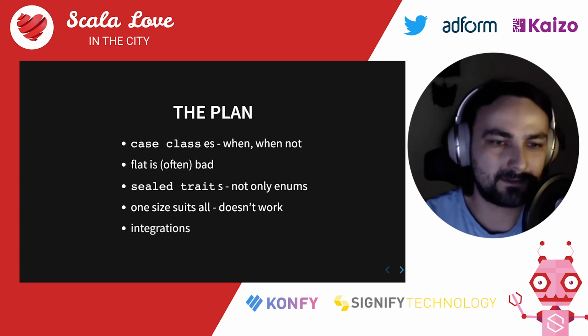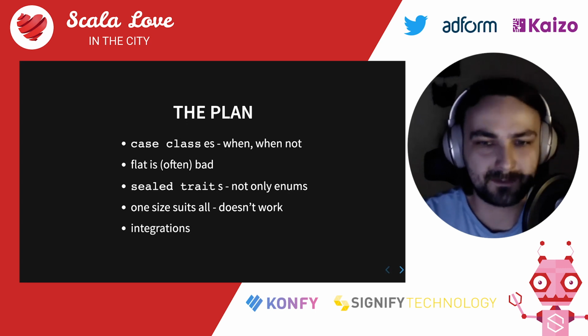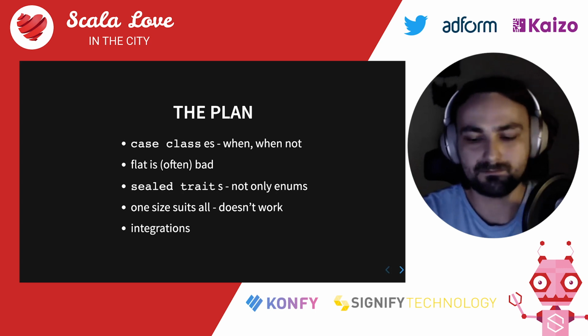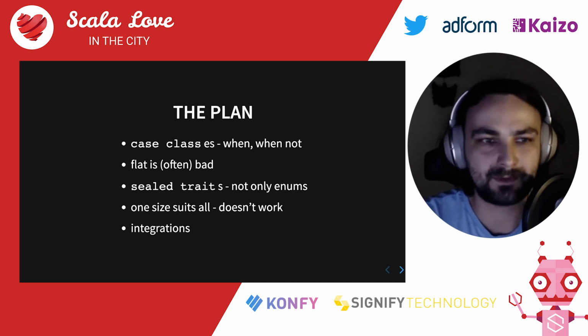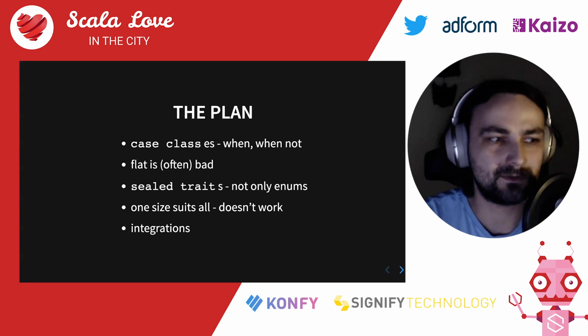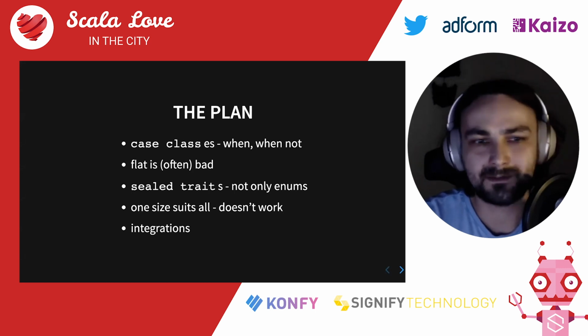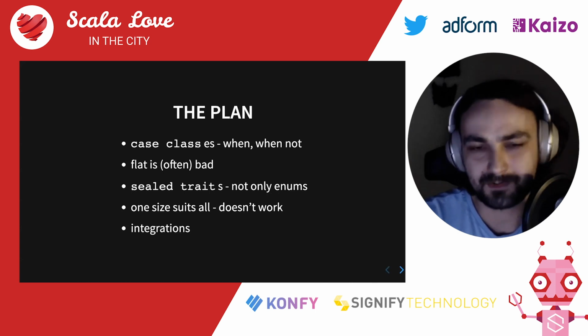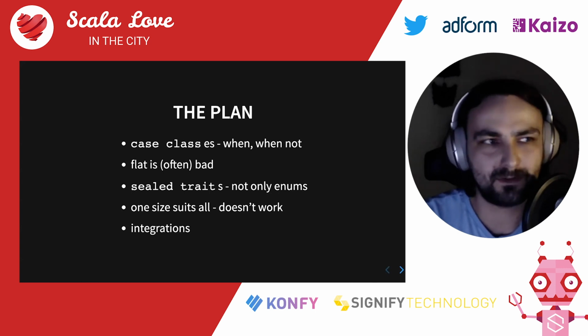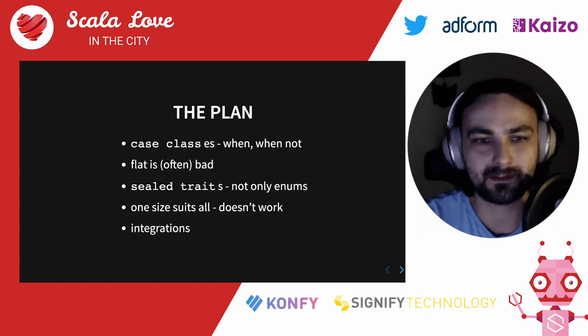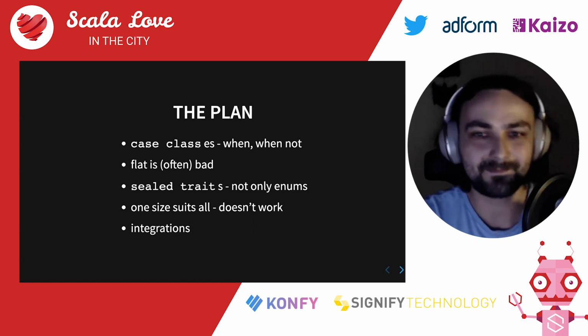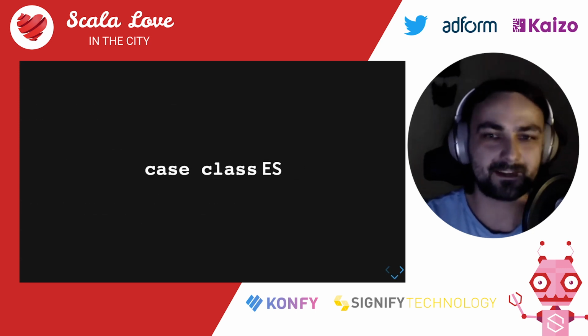And if we have enough time, we will also talk a little bit about how we can help us basically working with some integrations from different libraries that usually requires of us to use a lot of imports. And if we forget some of them, then some derivation might fail, or some functionality is not available. Well, quite often we could make our life easier if we just devise some utilities. So let's start with case classes.